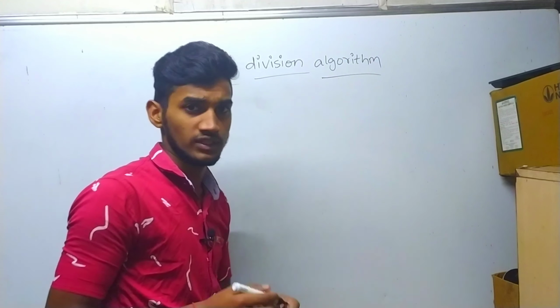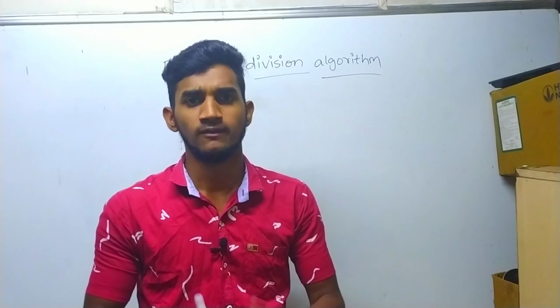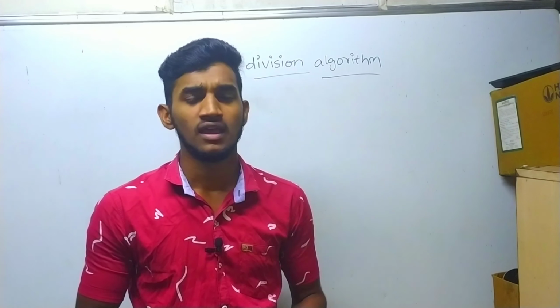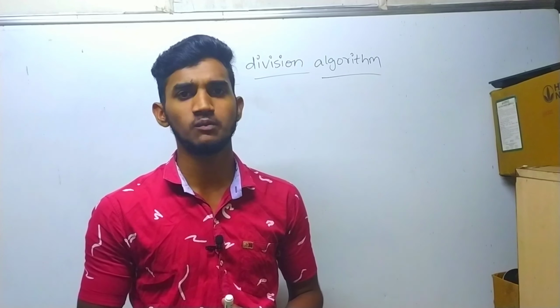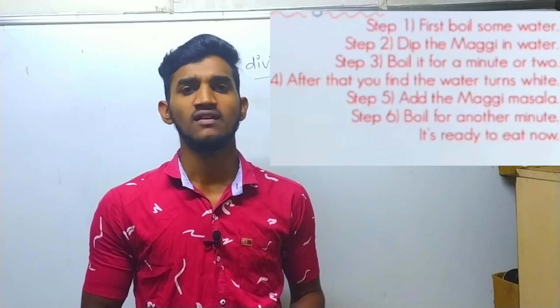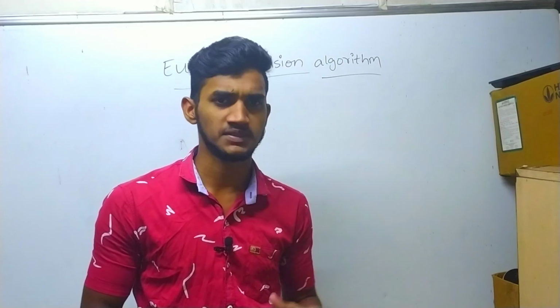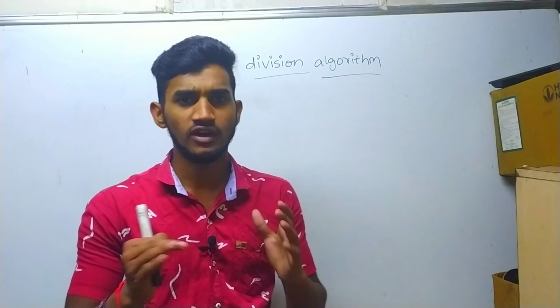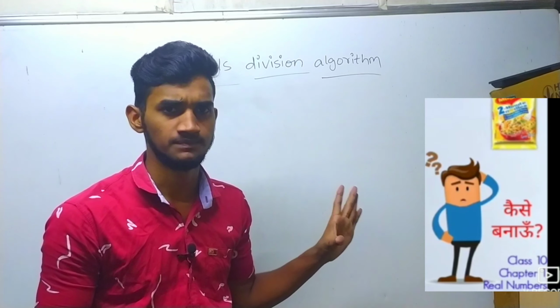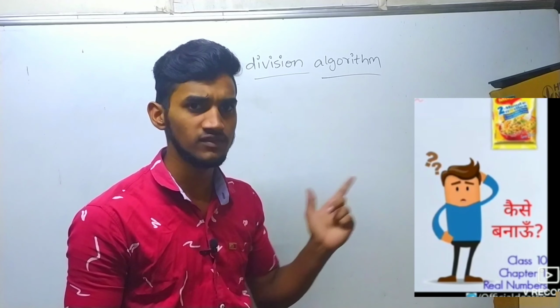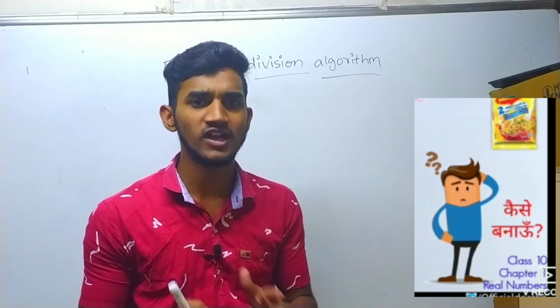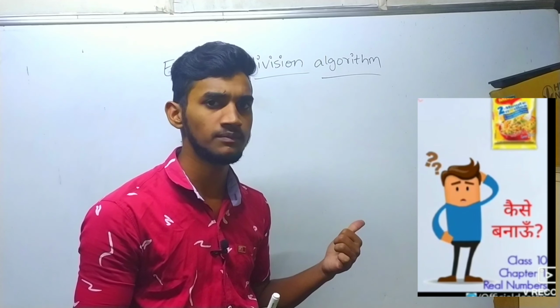So friends, algorithm means solving problems with well defined steps. For example, this is a problem, so we have to solve it. What are the well defined steps to solve this problem?